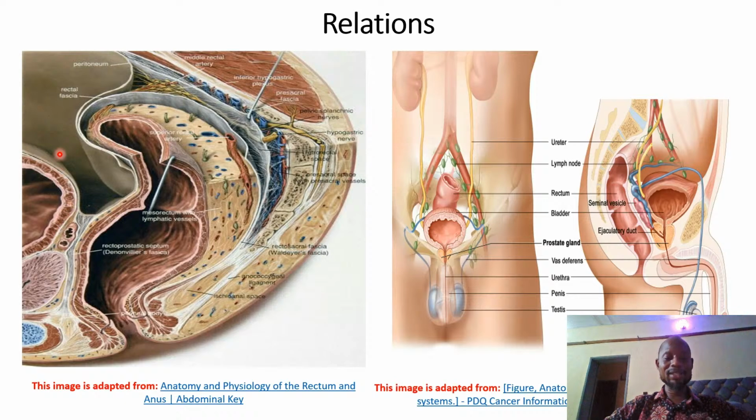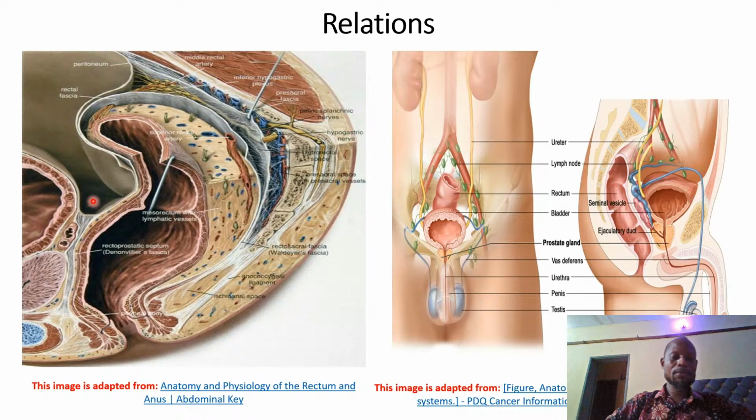You can see the outline. That is the peritoneum, and it leaves a recess or a space that is referred to as a pouch. We can also use the term pocket, because it becomes like a pocket of fluid.